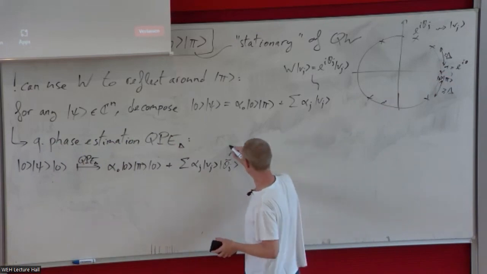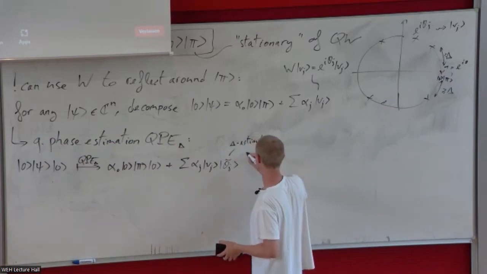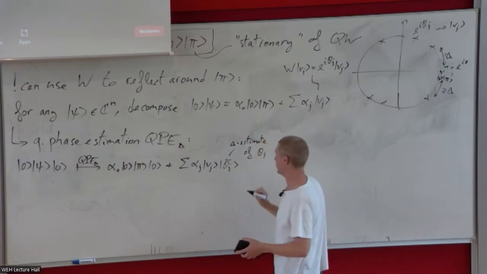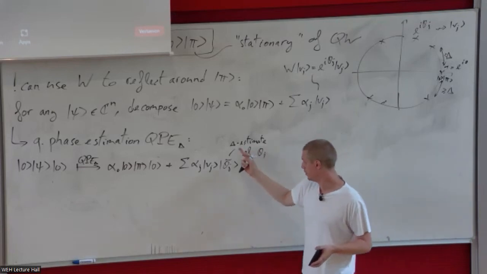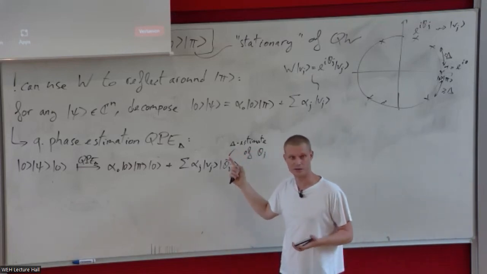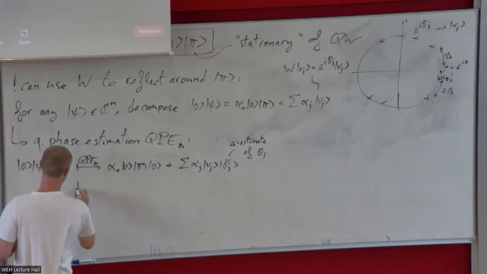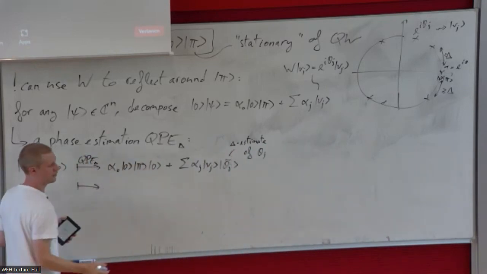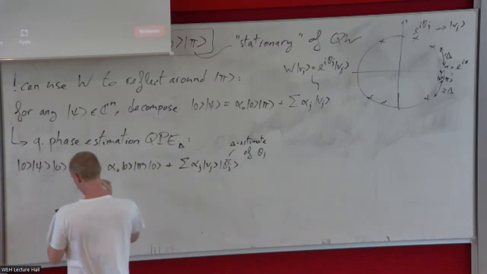And so this one is a delta estimate of theta j, okay? And since we picked the resolution in such a way that this will be non-zero, we see that this will be the only part of the quantum state that actually has a 0 in this estimation register, right?